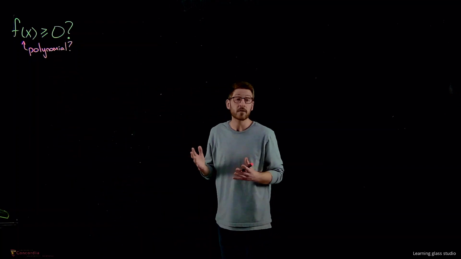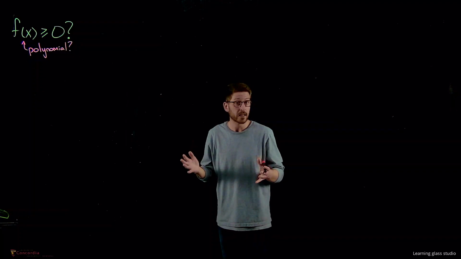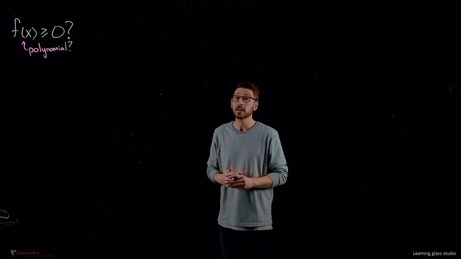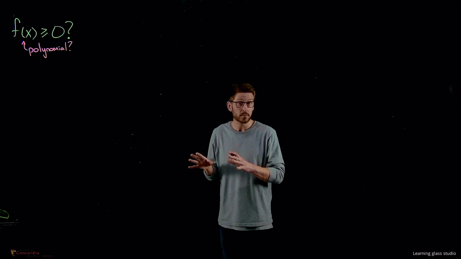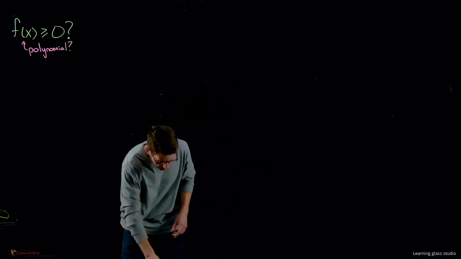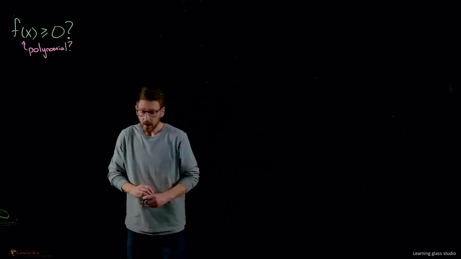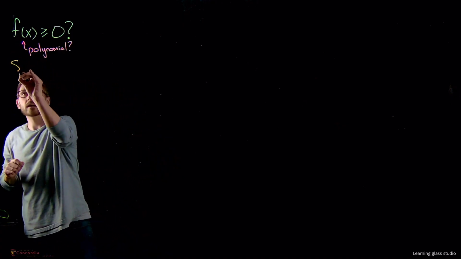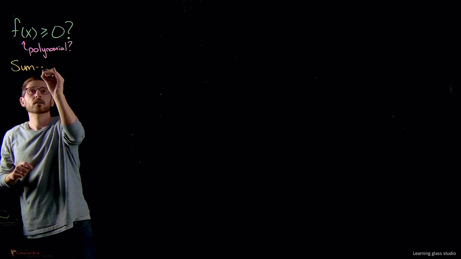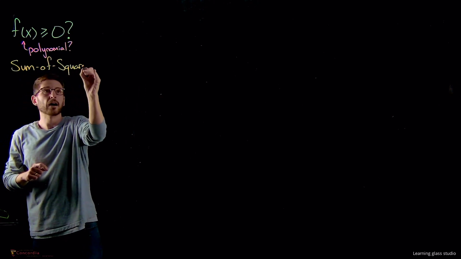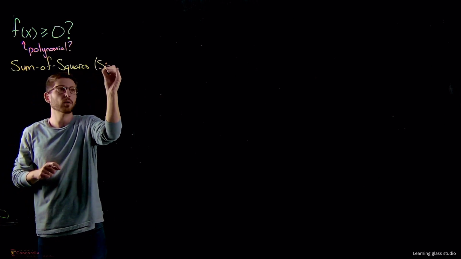In fact, verifying that a polynomial is non-negative over some set often turns out to be an NP-hard problem. So very, very difficult problem that we're going to try and avoid doing here. What if I told you that this function could be represented as a sum of squares? I'm going to call this an SOS.